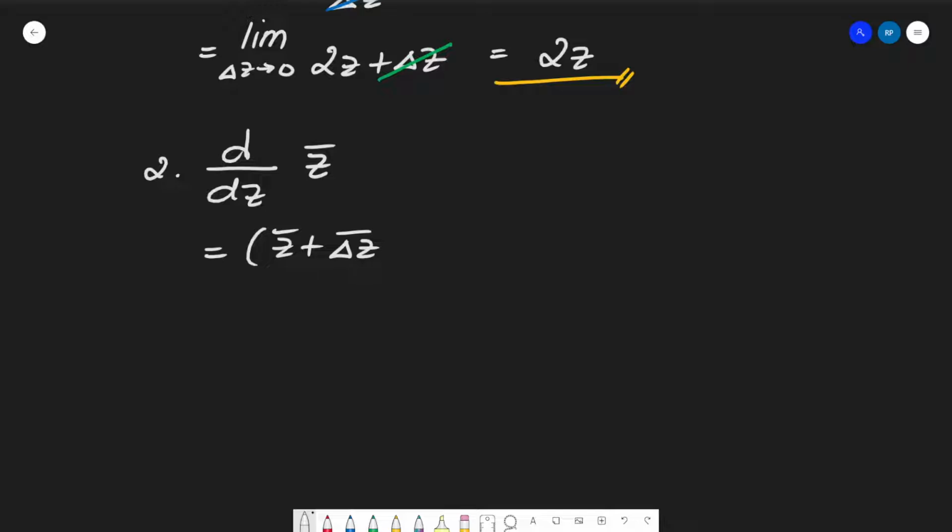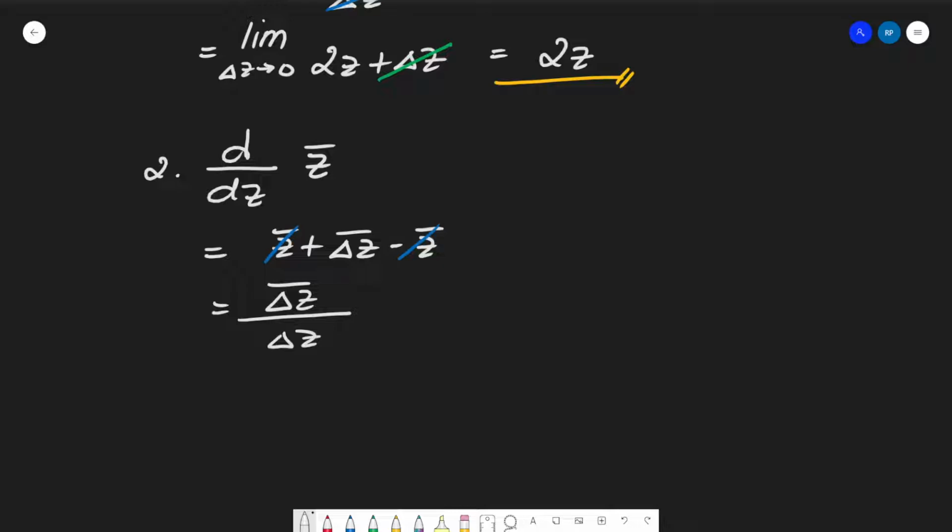So both have a conjugate. Next, we subtract the original function, leaving the conjugate of delta z. Next, divide by delta z, so we have the conjugate of delta z over delta z.